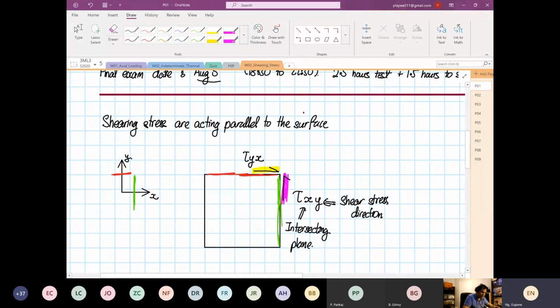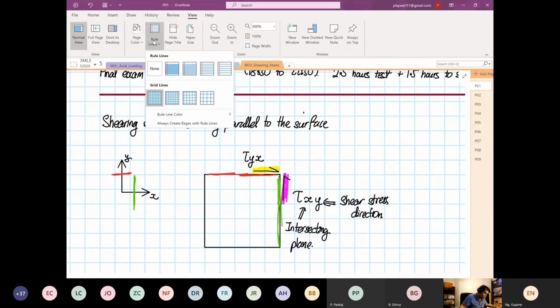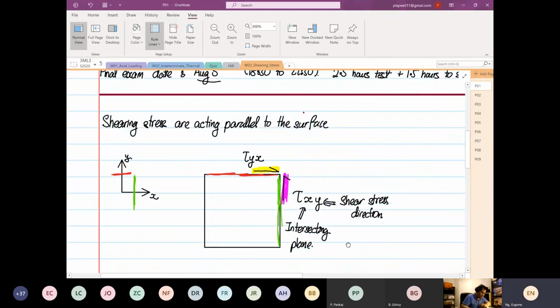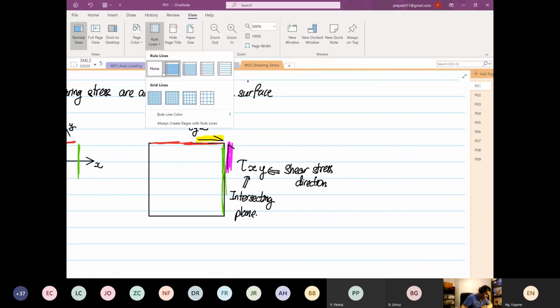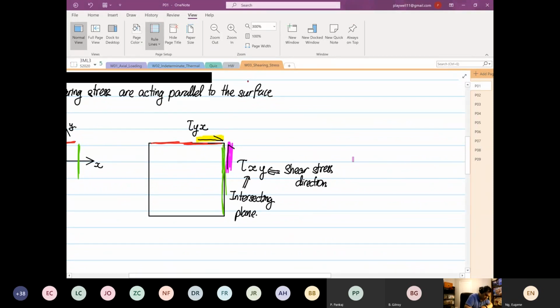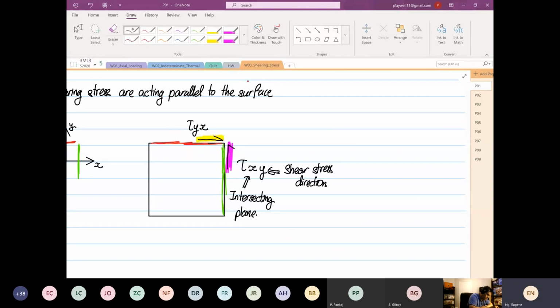So for the state of equilibrium, we know that the shear XY must be equal to the shear YX.